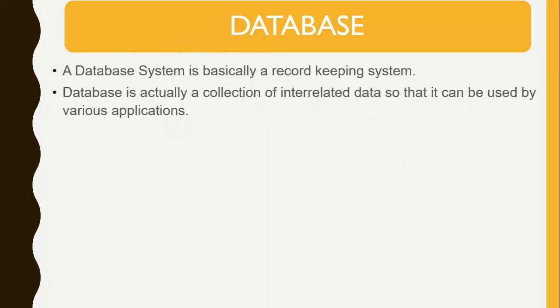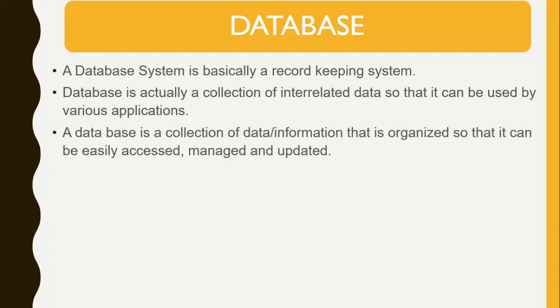The next point is, a database is a collection of interrelated data so that it can be used by various applications. We collect a huge set of data and organize it in a systematic way, and after that the database can be used by various applications.